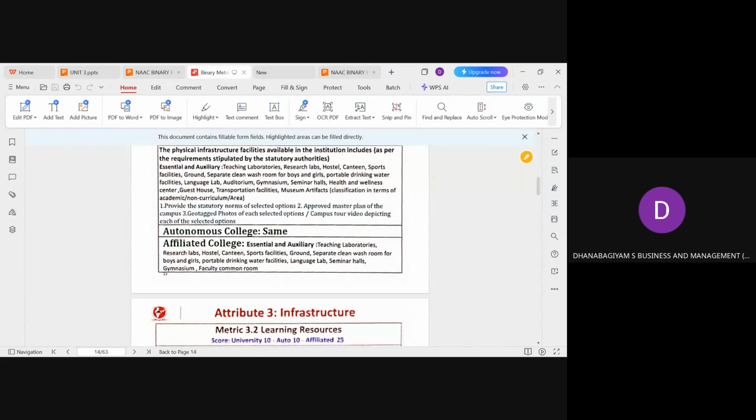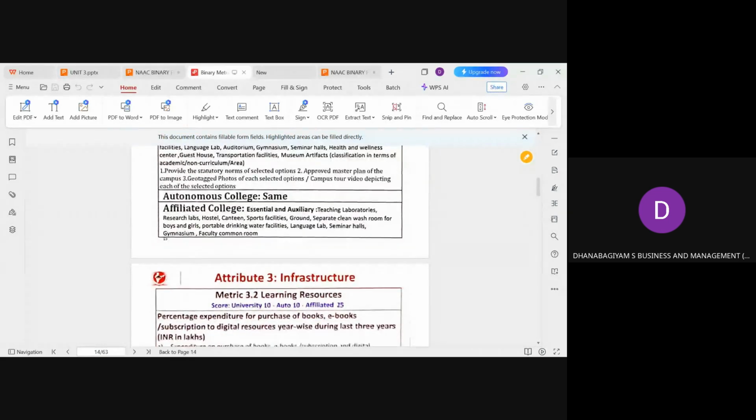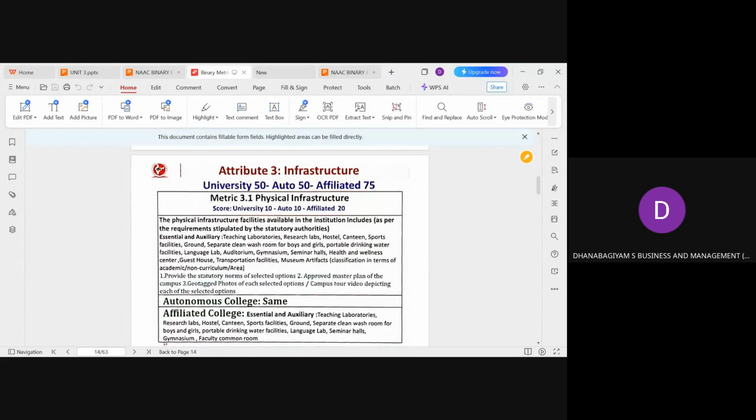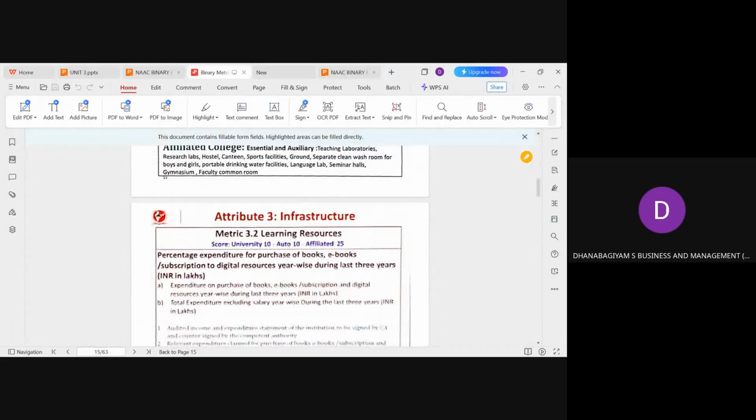So these are all the must. This infrastructure should be inbuilt in the affiliated colleges, and if they don't have it, the scores will be less. So these are the parameters which come under the physical infrastructure facilities.